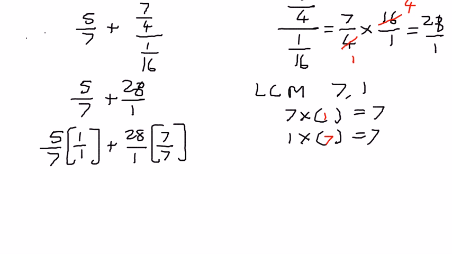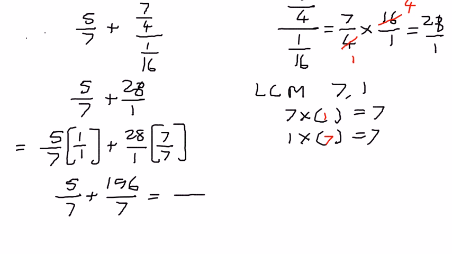So when we do this, we can simplify this some more. 5 times 1 is 5, 7 times 1 is 7, plus 28 times 7. 28 times 7 is going to be equal to 196 divided by 7.